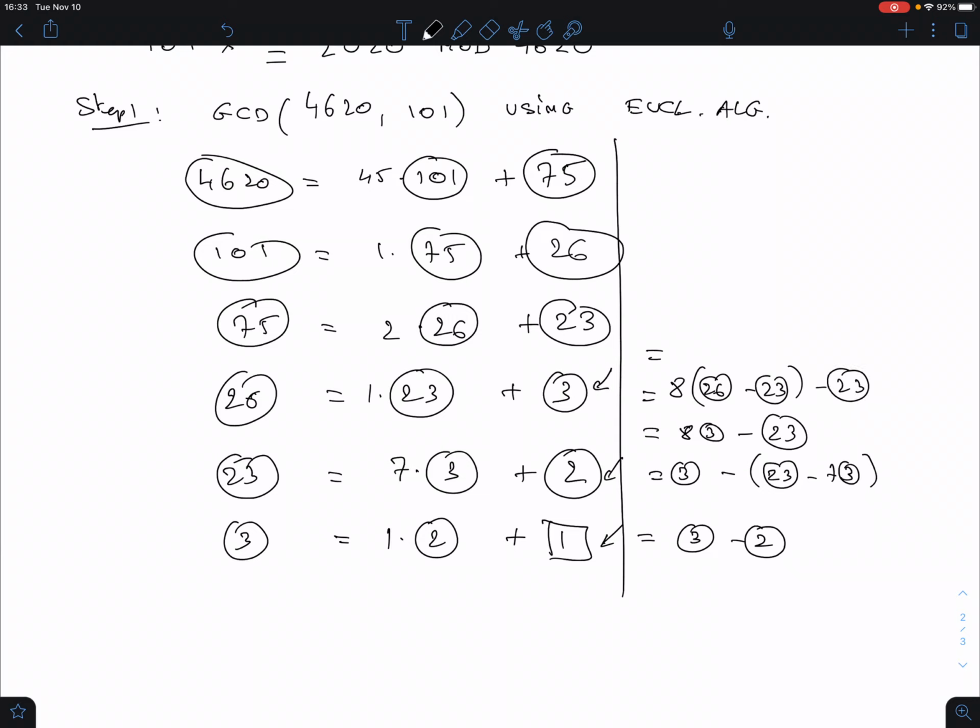We combine: there's only one 26 appearing, but we have a minus 8 times 23 in the first and a minus 1 in the second, so altogether minus 9 times 23. Okay, so now we use this one to rewrite the 23, the smaller of the two circled numbers. That is 8 times 26 minus 9 times, and that would be 75 minus 2 times 26.